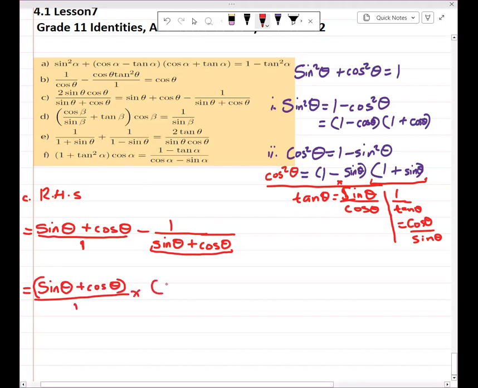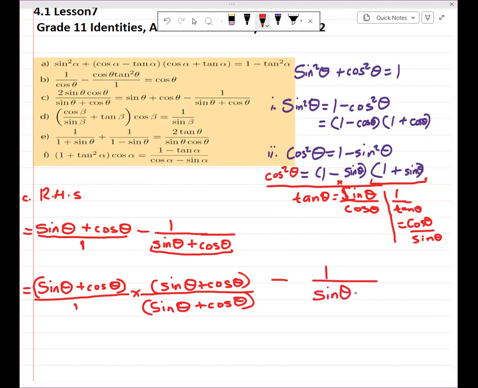Then I need to multiply top and bottom by sine theta plus cos theta, which is my LCD, over sine theta plus cos theta. Then I'm going to have to subtract 1 over sine theta plus cos theta.